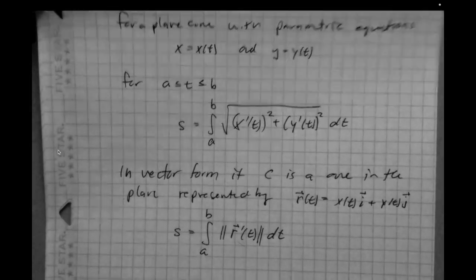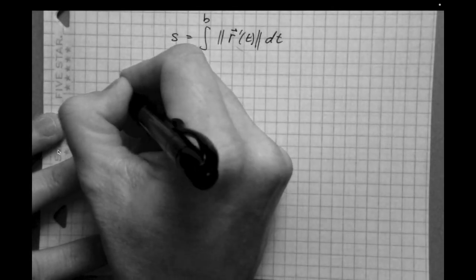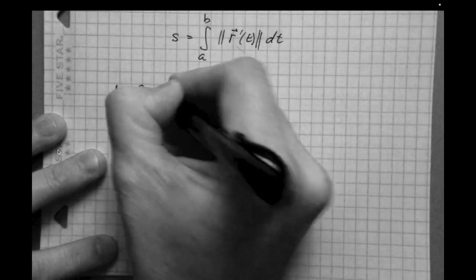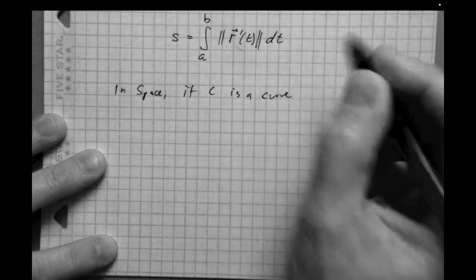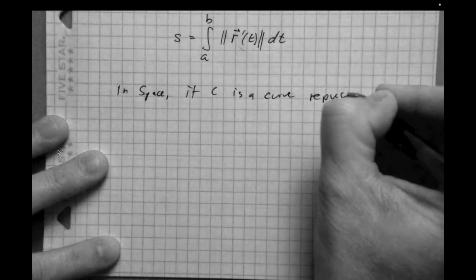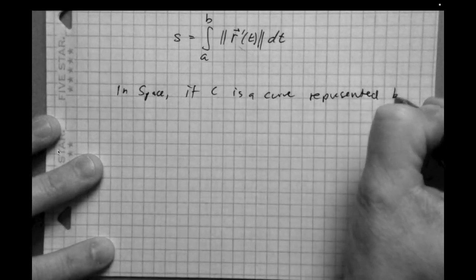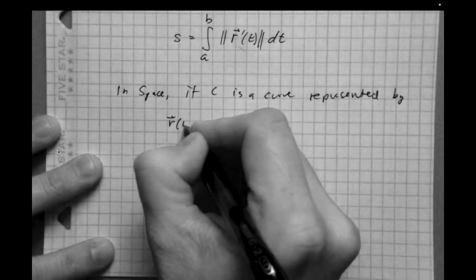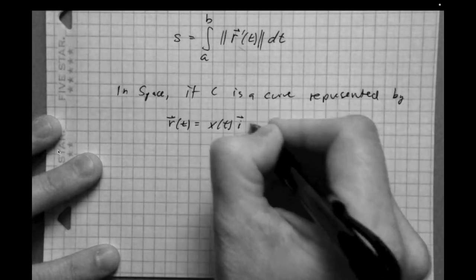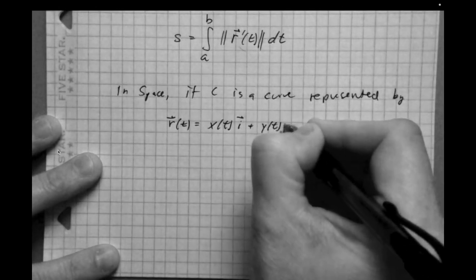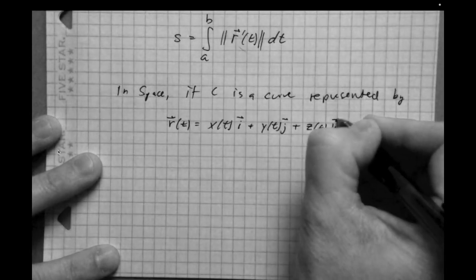Now, of course, in 3 dimensions, you can do the same thing. So, in space, if C is a curve represented by some 3-dimensional vector, and we'll just write it out here to be thorough, maybe we've got x of t times the i vector plus y of t times the j vector plus z of t times the k vector, right?